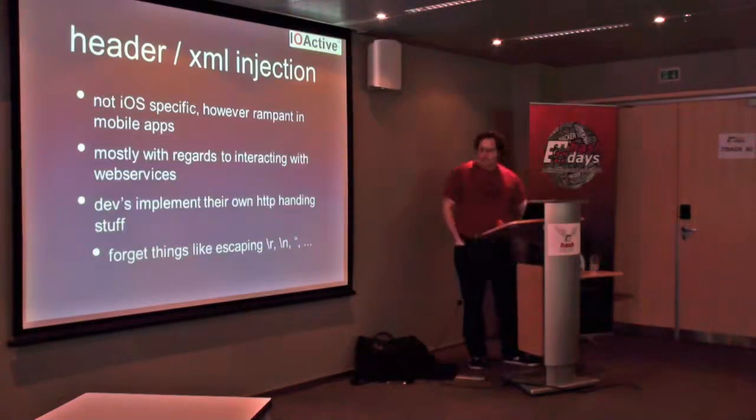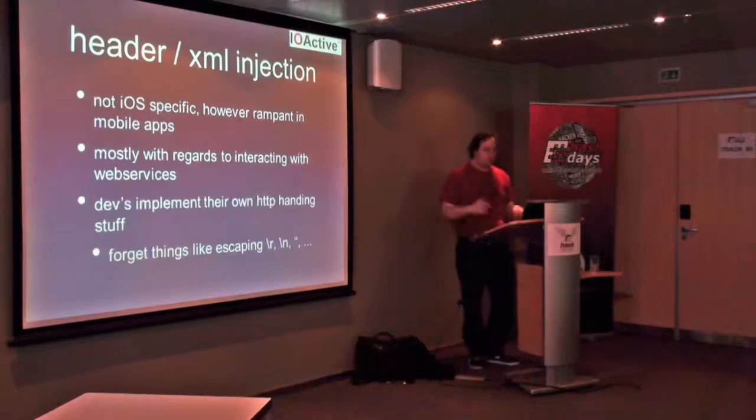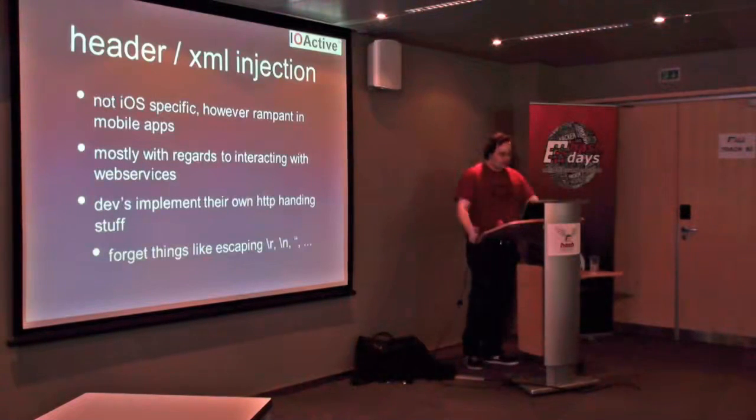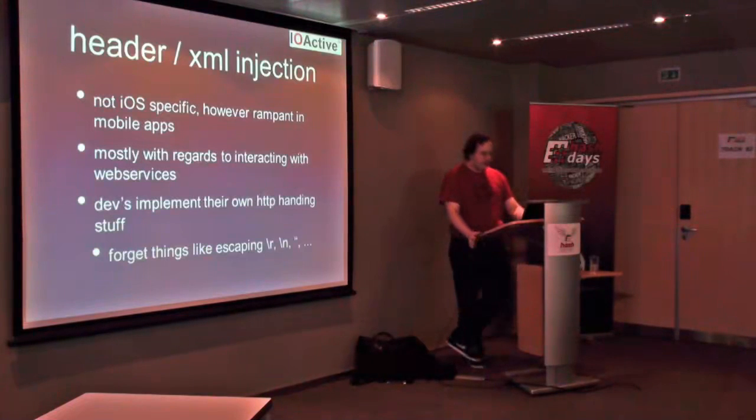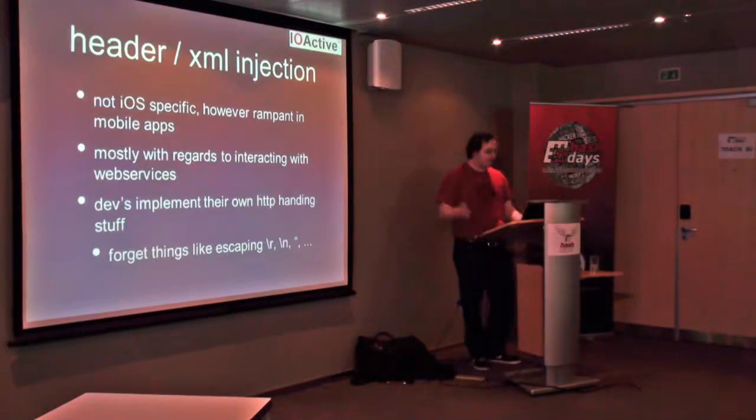One of the other things that was very common that I've seen, and this isn't iOS specific, this is pretty much anything that uses any kind of web service or any kind of XML parsing or protocol where you send XML back and forth, could be vulnerable to this. But I've seen this in a lot of iOS apps as well. A lot of iOS apps basically end up being the lightweight client for a web service or middleware, and quite often they'll talk XML to each other.